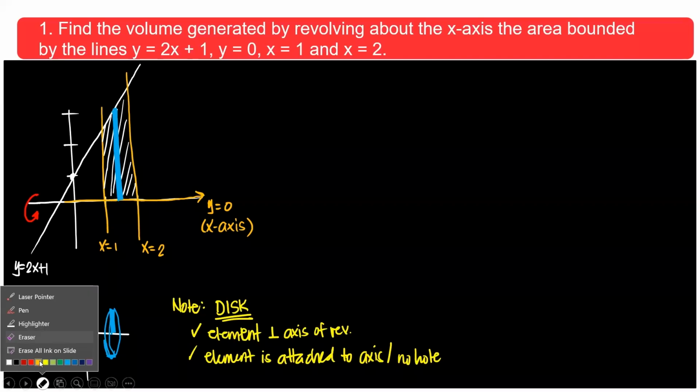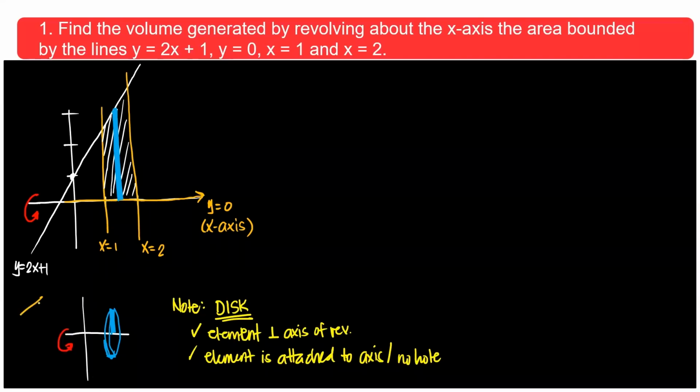I'll redraw. Like part of a cone. Can you imagine? There's a question. How is the element perpendicular? Look at the element. The blue line is perpendicular to the x-axis, right? So since it's perpendicular to the axis, it is a disk. And the element is attached without any holes.